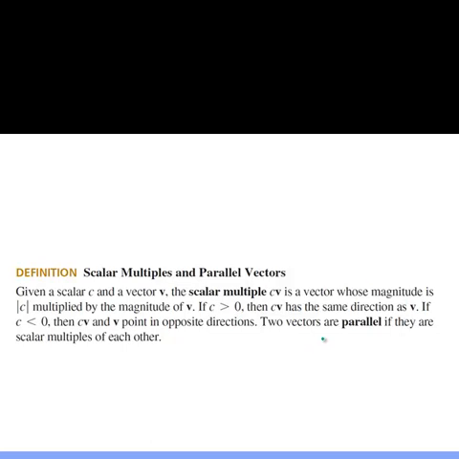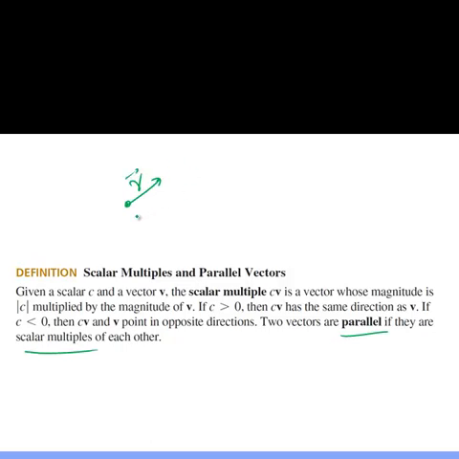By the way, if you have two vectors that are maybe of different lengths but in the same direction, in other words, if one is a scalar multiple of the other, then we say that the two vectors are parallel. So you might have vector v here.